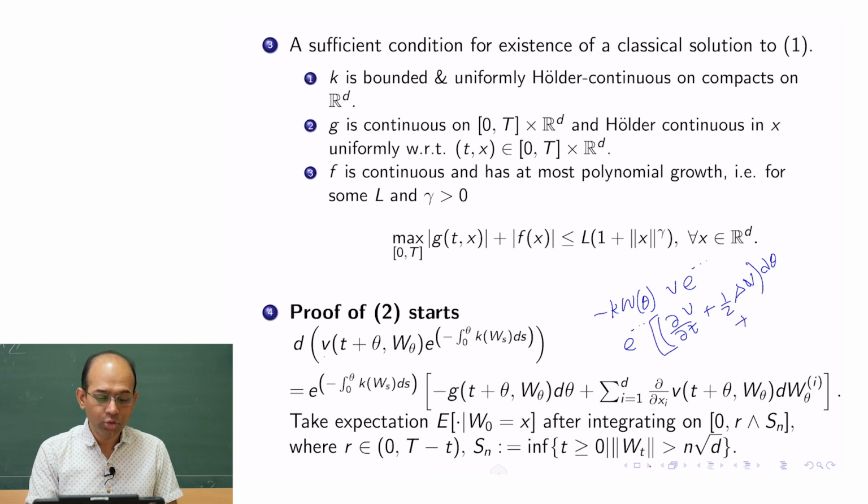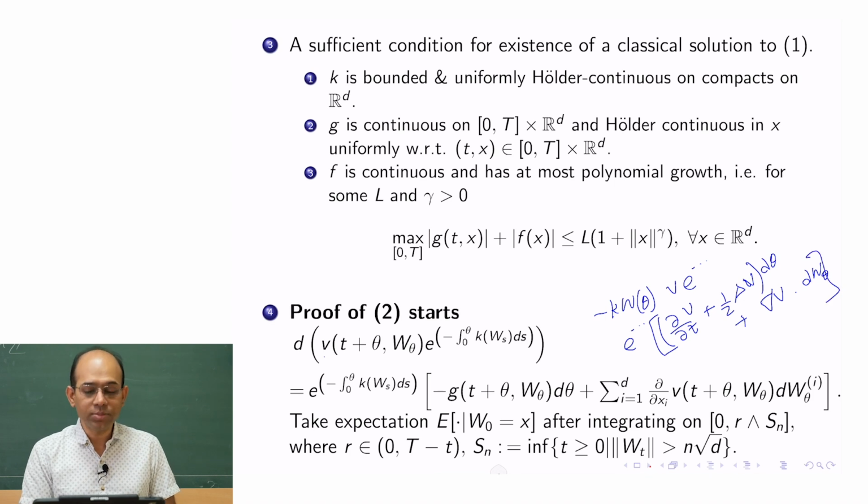Then there would be the first order derivative with respect to the space variable, multiplied with dW theta. So this is the local martingale term. Here del v is the gradient of v, so the gradient of v dW theta.